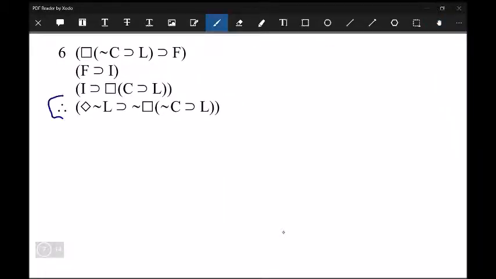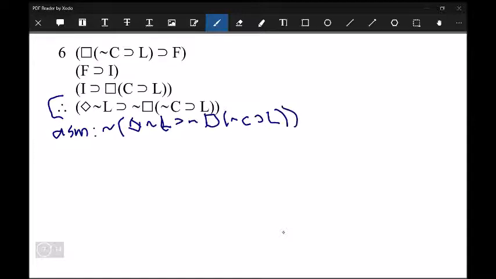How does it work? Assume the opposite. Not possible not L implies not necessary not C implies L. Okay, kind of complicated.